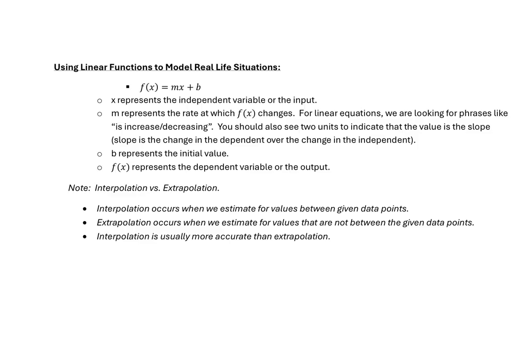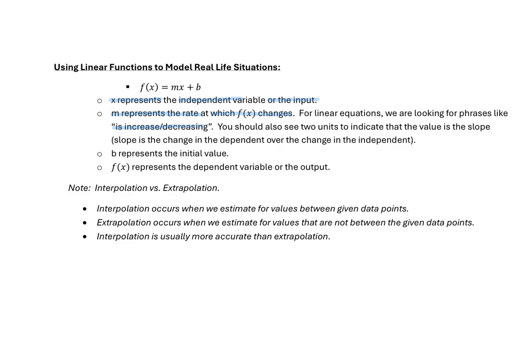And so just a couple things that we want to review is, remember, x represents the independent variable or the input. When looking at word problems, remember that our slope, m, represents the rate at which f of x changes. For linear equations, we are looking for phrases like is increasing or decreasing.